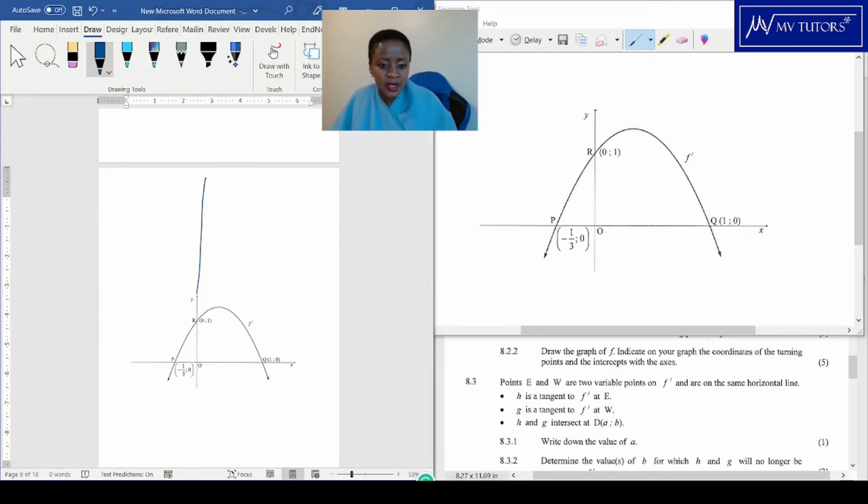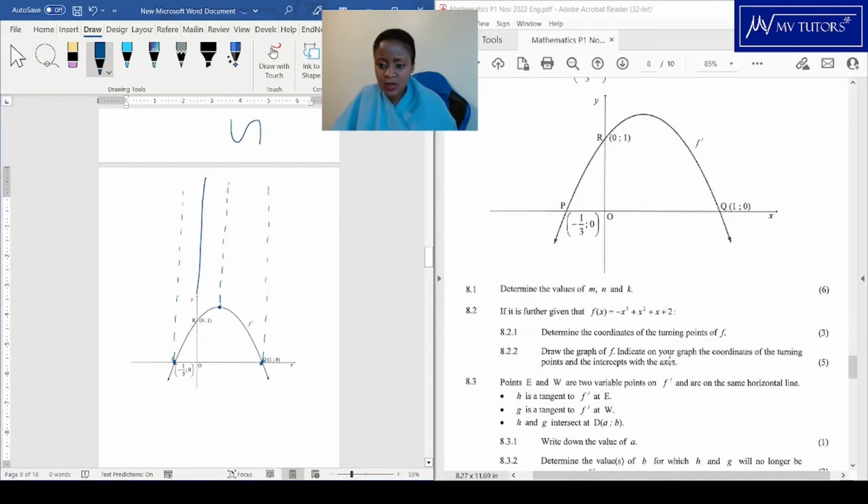I know that the turning point of my parabola is the point of inflection of the graph. Remember, I'm expecting a graph like this. And then the intercepts of my parabola are the maximum and minimum turning points of my cubic function. But what do they want from us? They want turning points and intercepts with the axes.